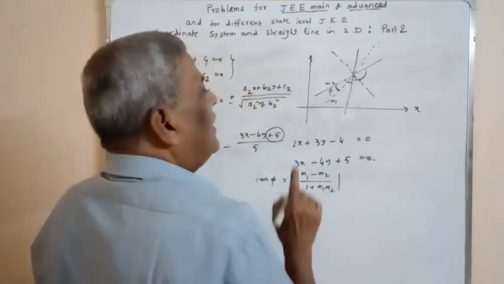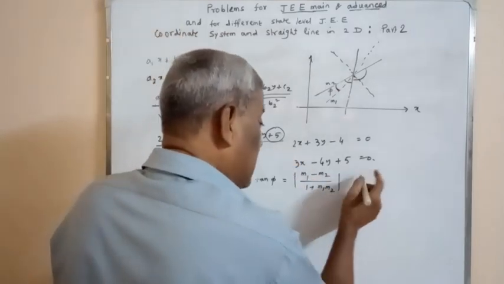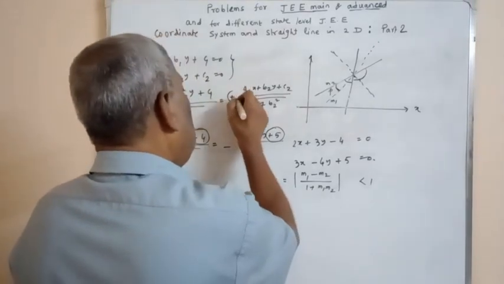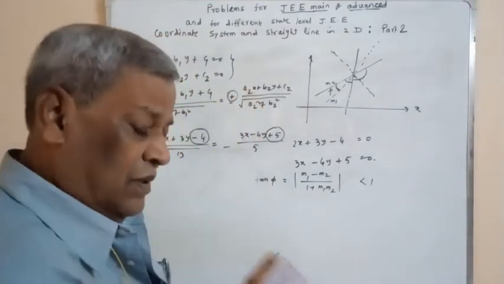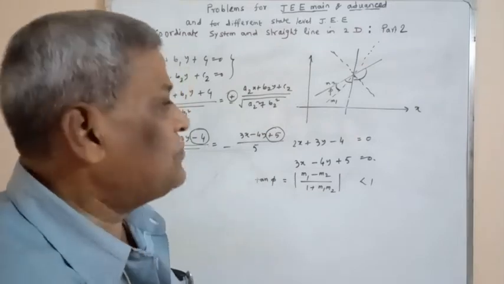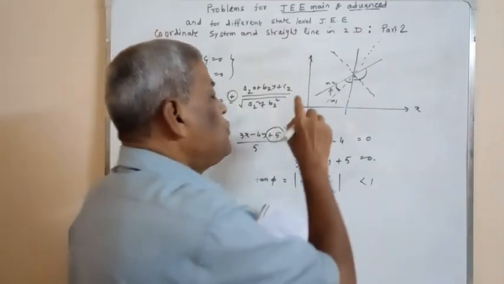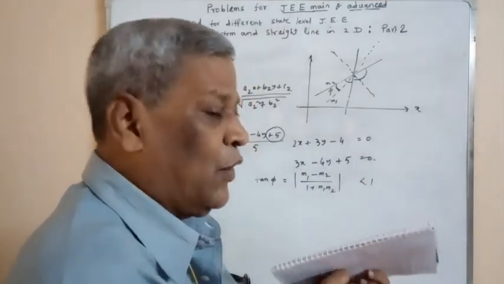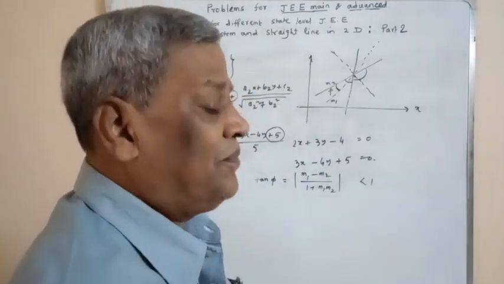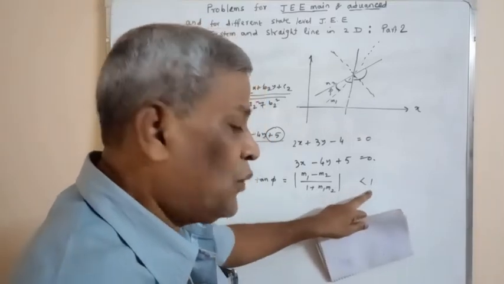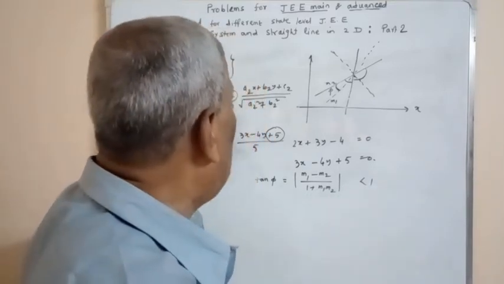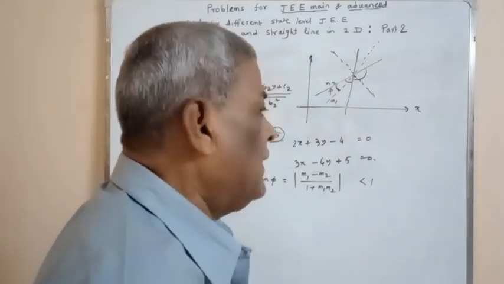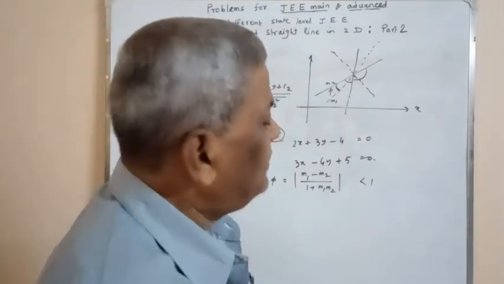If tan phi is less than 1, then the one corresponding to the positive sign is the equation of the bisector of the acute angle. If it is not less than 1, that is greater than 1, the other one, corresponding to the negative sign, will be the equation of the bisector of the acute angle.